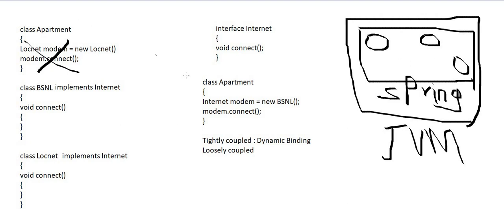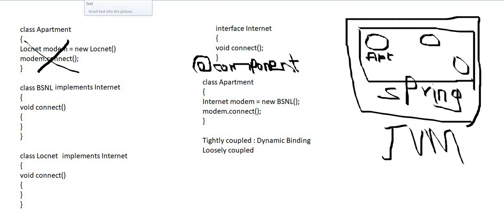For that, what we have to do? We have to give the annotation. If you give the keyword @Component, then this annotation will create the object for the Apartment class.